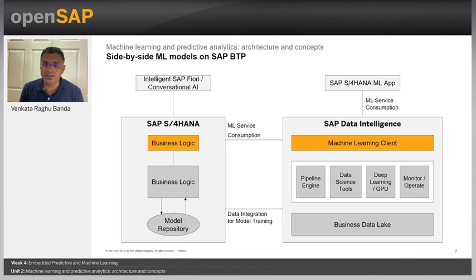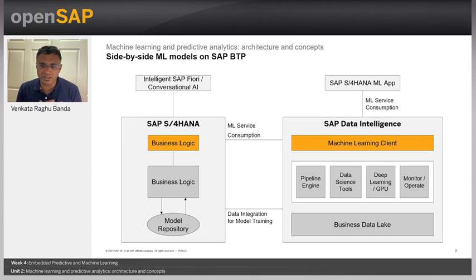So when you're creating a side-by-side machine learning model, a particular instance is triggered and a particular channel is created, so that the reference you're creating in your SAP Data Intelligence will create a particular reference on your ISLM, which is sitting in the SAP S4HANA stack. The business logic and the model repository are here.